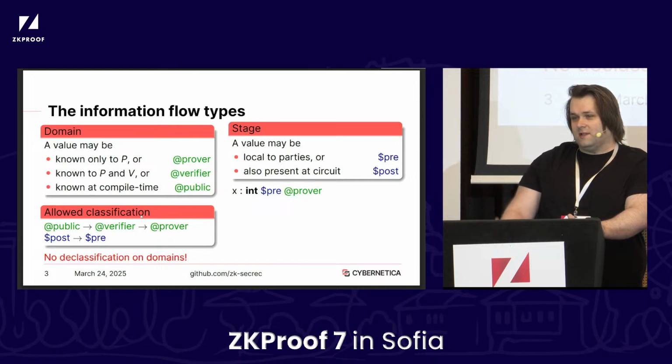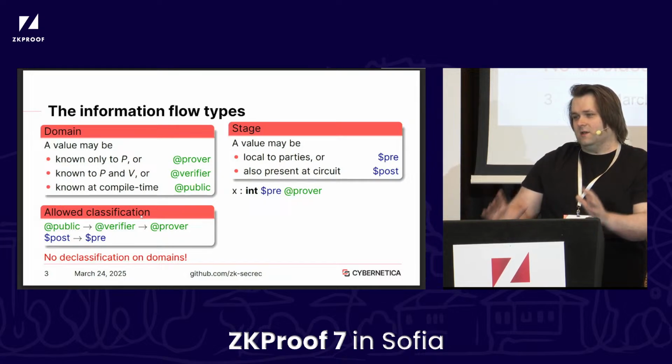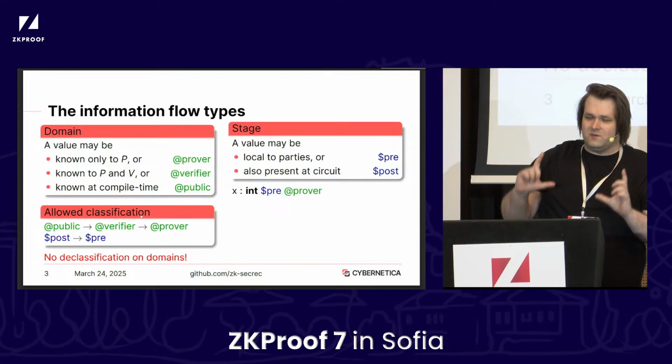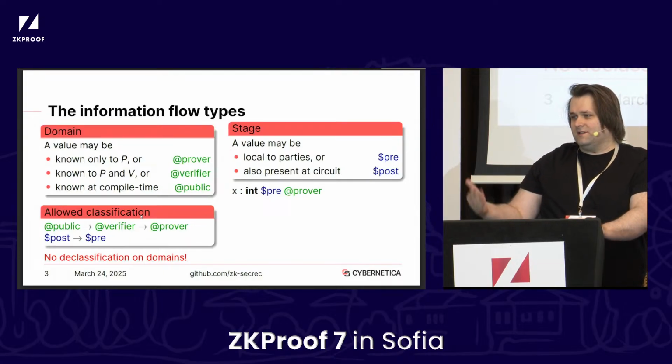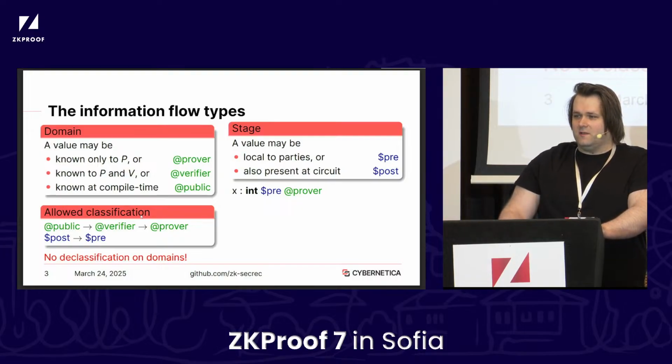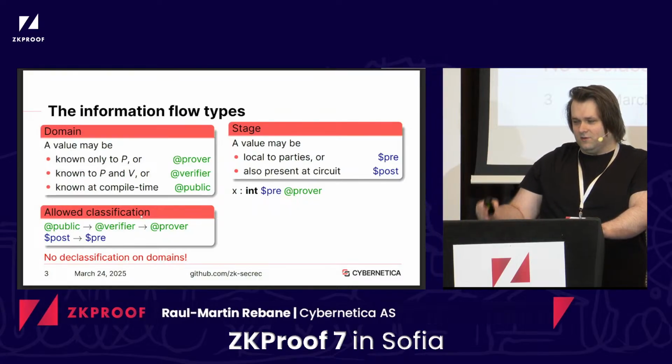You can also classify, so there's an ordering between these values. For example, something that is in the public domain can be brought to the prover domain, but it cannot go in the other direction. Similarly, anything that is on circuit can also be brought off circuit.